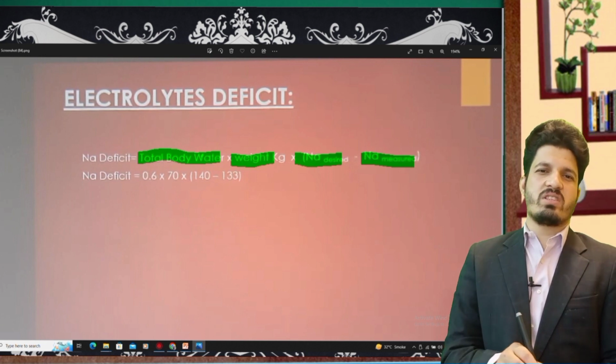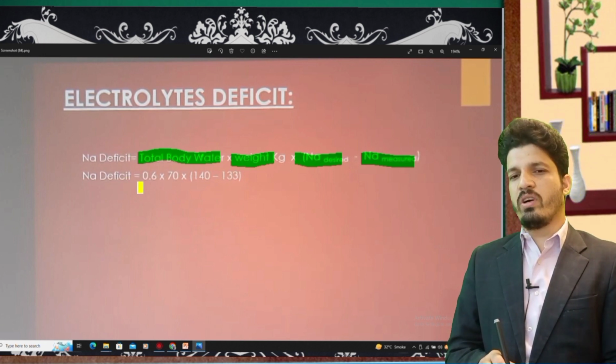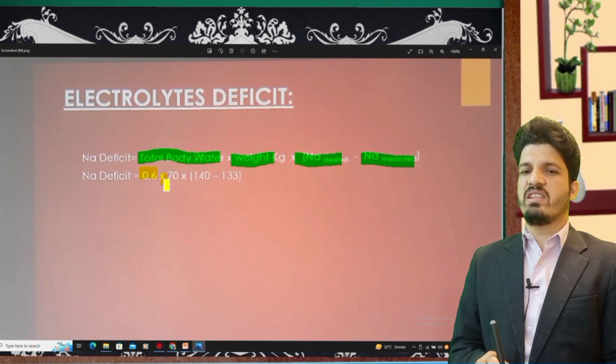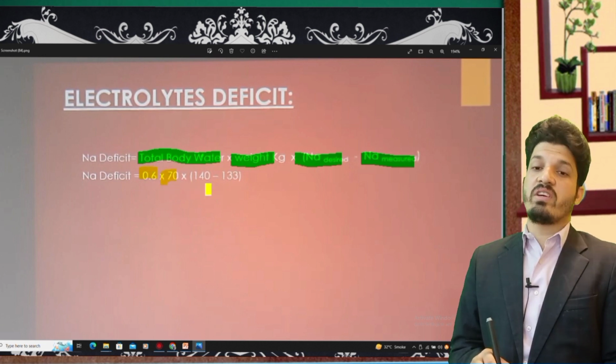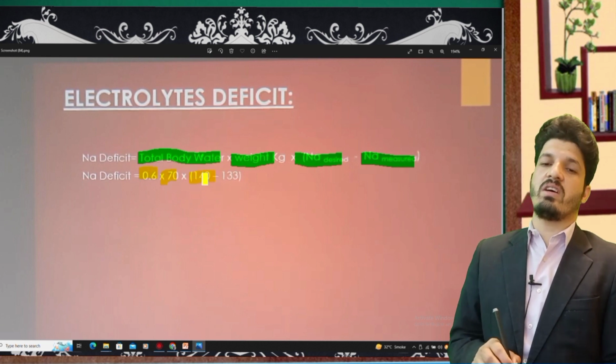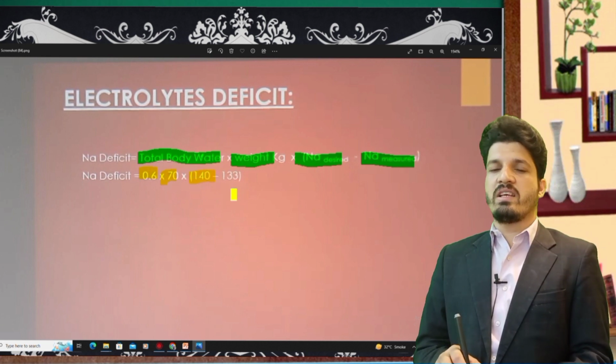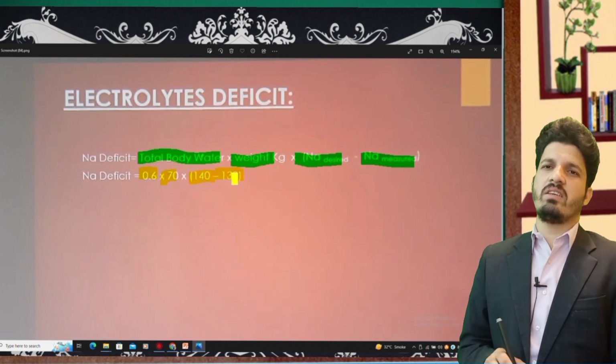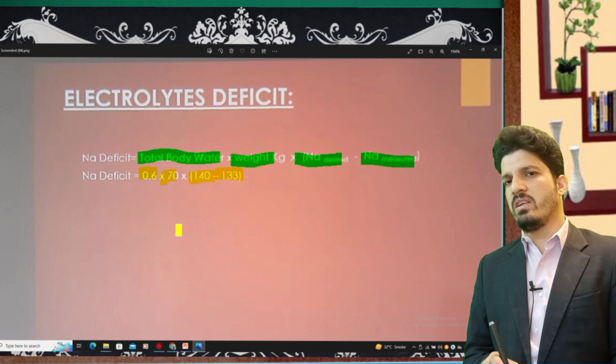So 0.6 is the total body water, that's the constant value. 70 kg is the weight of the patient, and our desired value of sodium is 140 minus the measured sodium, 133, from the lab values.